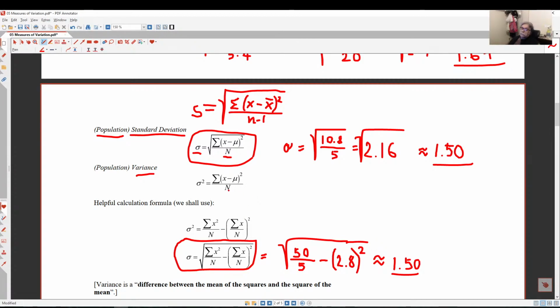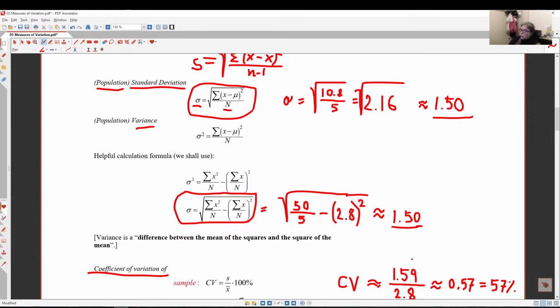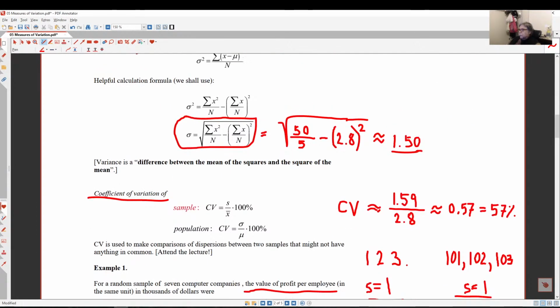And again, like before, the variance means the square of standard deviation. One set of data will be either a sample or a population. And if you use a sample, you will calculate sample standard deviation. If you use a population, you calculate population standard deviation. The square of either will be variance of the sample or of the population.